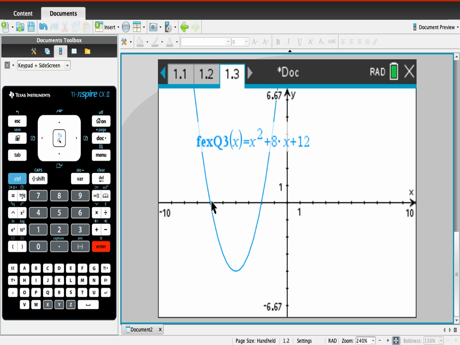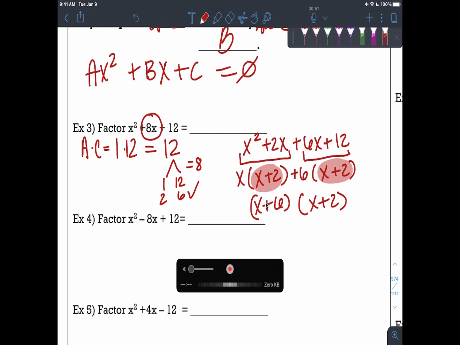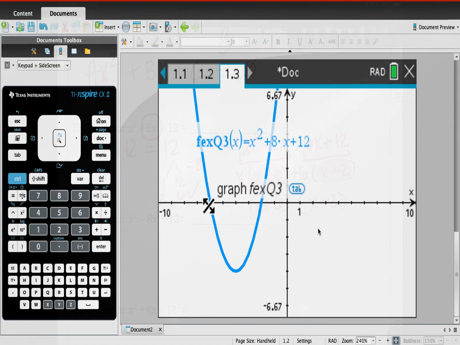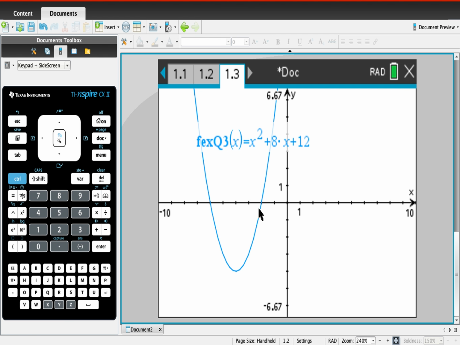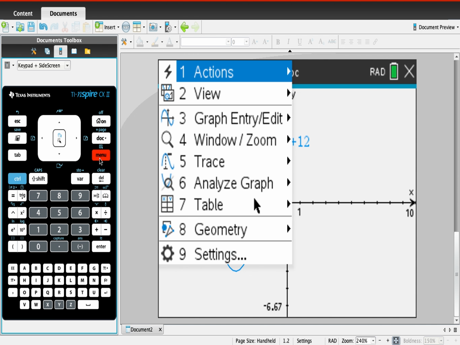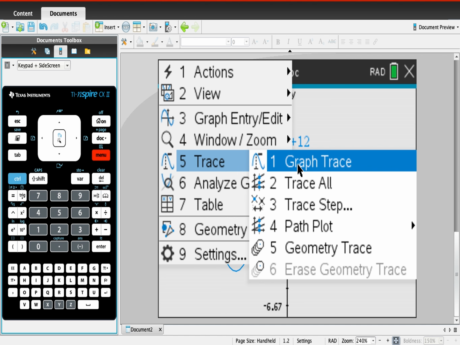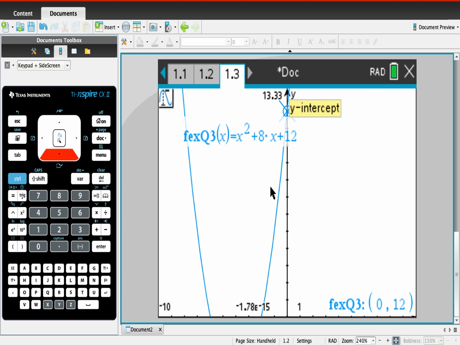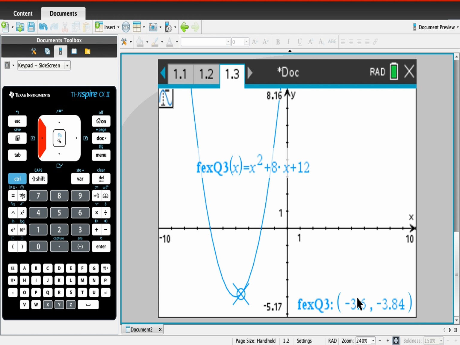And it should have zeros located at negative 6. Remember, opposite of this divided by that. Negative 6, negative 2. And that's 1, 2, 3, 4, 5, 6. Yes, that is negative 6, negative 2. I can trace this, graph trace. I'm going to go ahead and just keep on heading down. And look, there's my 0 located at negative 2 as I predicted. And my other 0 located at negative 6.